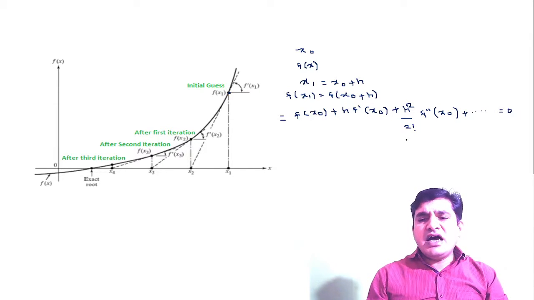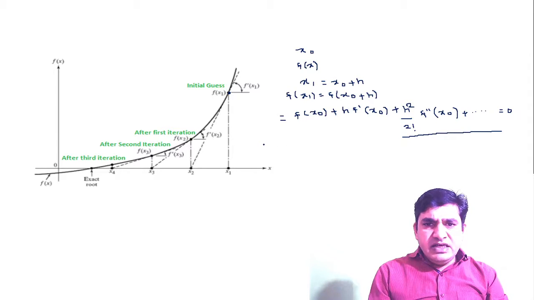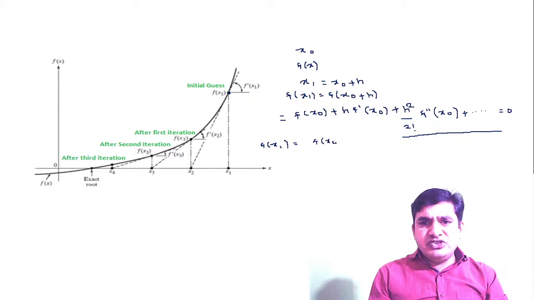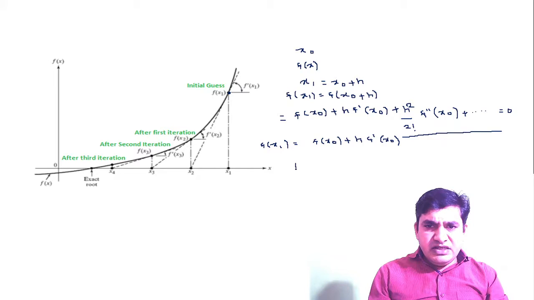But consider the higher terms of this series are very small, and therefore neglecting all these terms, we get f of x1 equal to f of x0 plus h f dash of x0. And from this we get h is equal to minus f of x0 divided by f dash of x0.